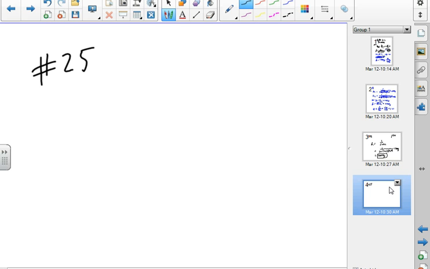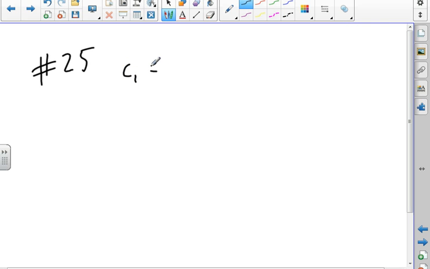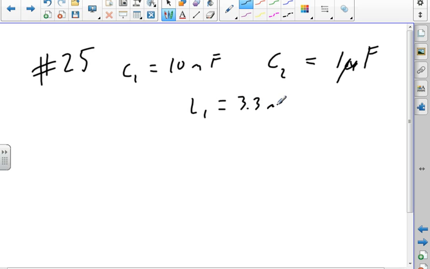All right, 25. The circuit shown on the previous page, which I can't see. C1 is 10 nanofarads. C2 is 1 microfarad. L1 is 3.3 millihenry.